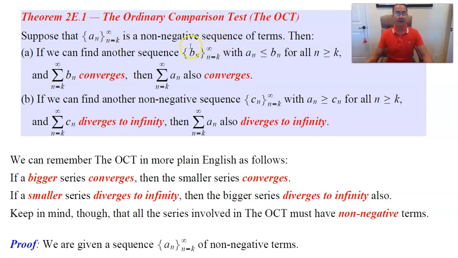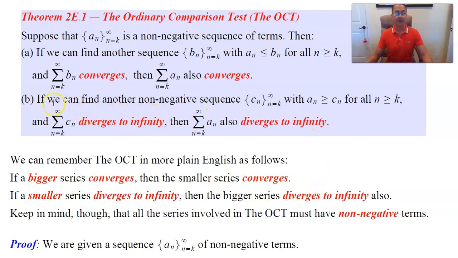Now, if we can find a second sequence, b sub n, so that a sub n is smaller or equal to b sub n for all n at least k, the starting term of the sequence, and the bigger infinite series made of these bigger terms converges, then our series, summation a sub n, also converges. So in plain English, if a bigger series converges, then the smaller series converges also.